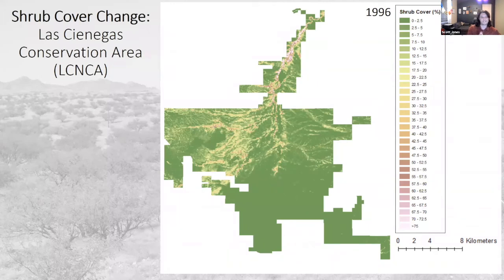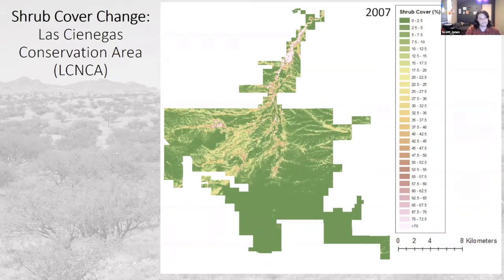And then 1996, you can see very much covering areas of those loamy uplands, and you can see the first signs right here of picking up on the imagery of brush management actions in that loamy uplands.